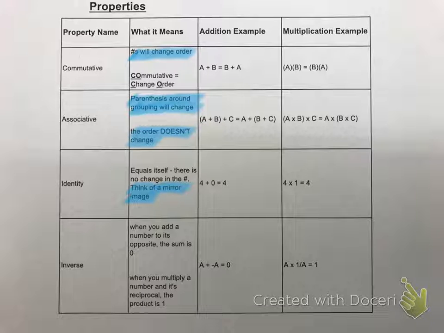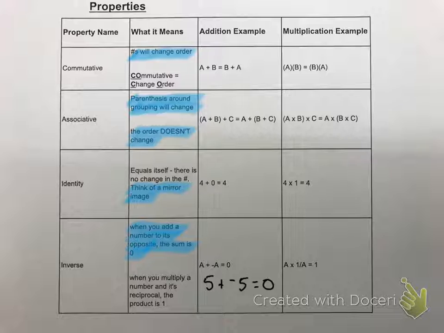The inverse property, well, when you add a number to its opposite, the sum is 0. So a plus negative a equals 0. You could also use regular numbers and say, 5 plus negative 5. Well, that's 0. Okay.